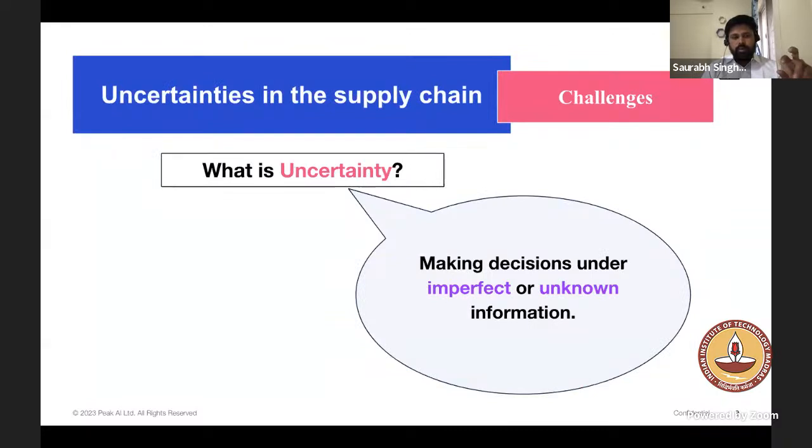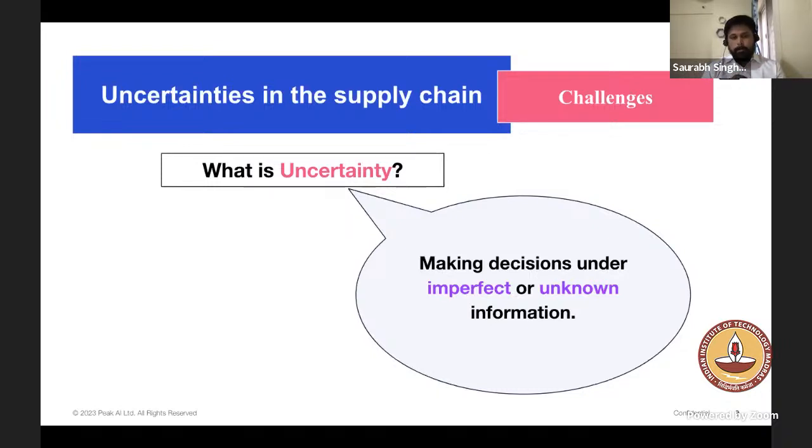So one very critical challenge is the uncertainty in the overall supply chain, right? In the beginning slide, I told you there are different entities of the whole supply chain analytics. There is distribution, manufacturers, suppliers, procurement, logistics, resource planning.